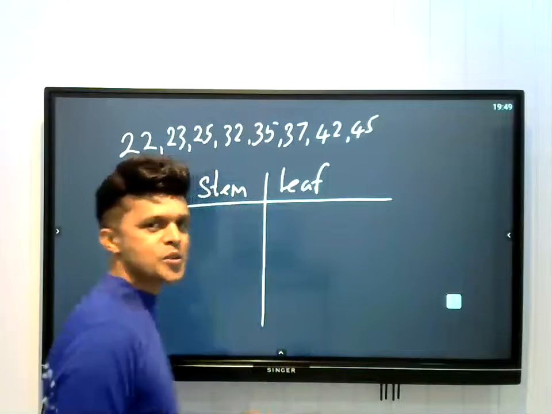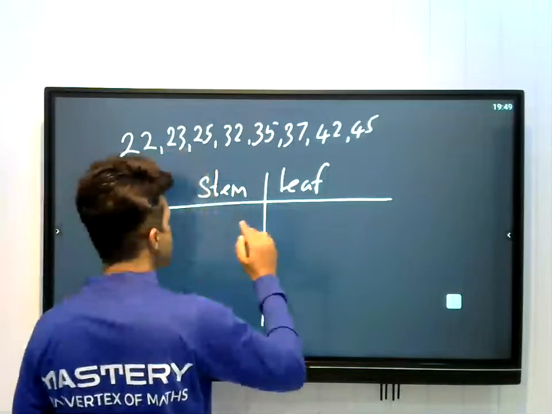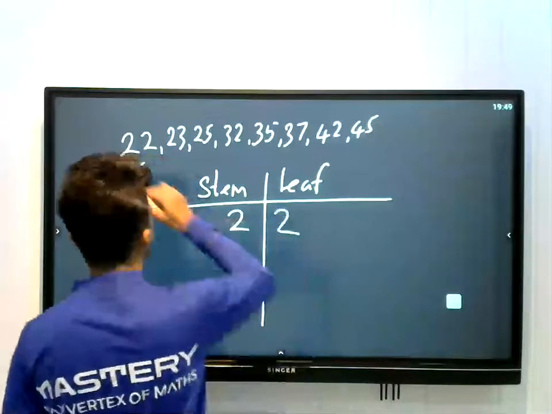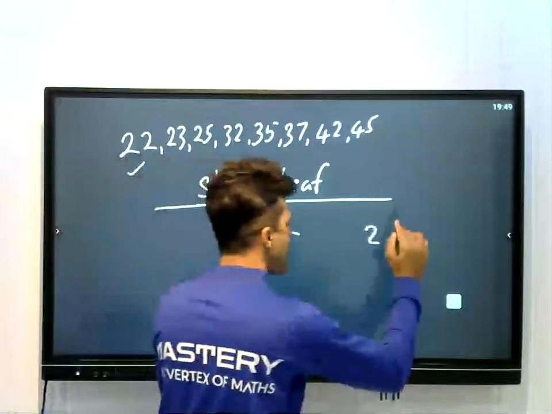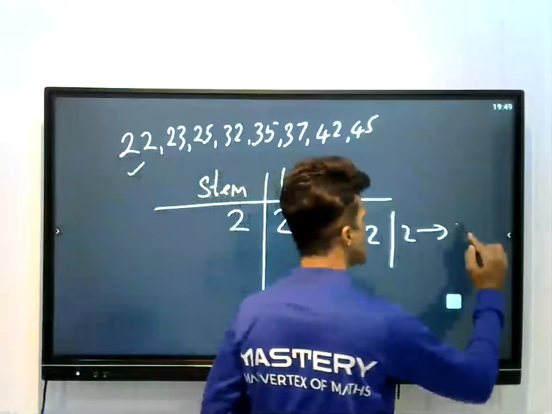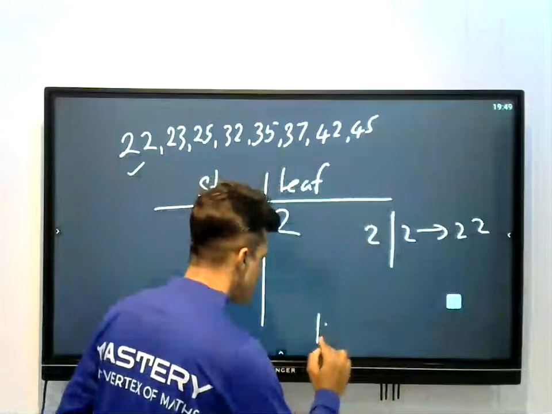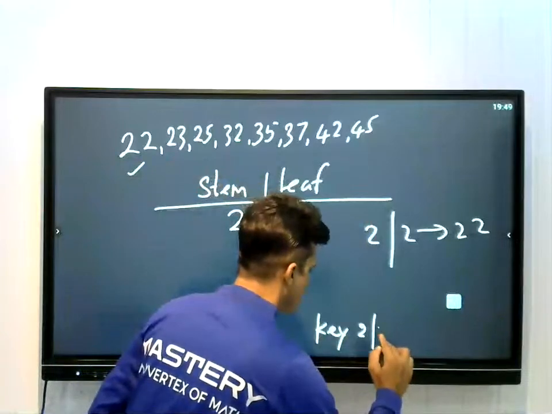Here 22 started from 2, so I have written 2|2, which means 22. You know that this is the key, right?